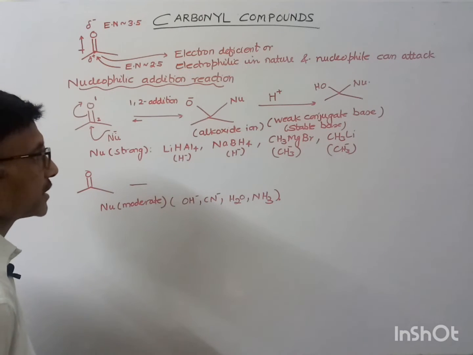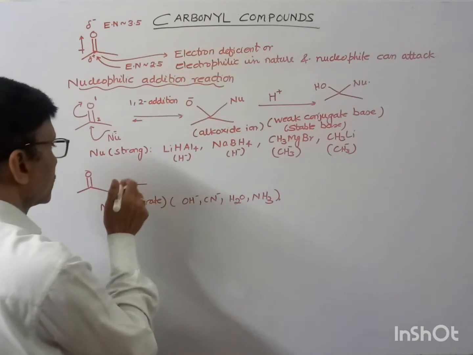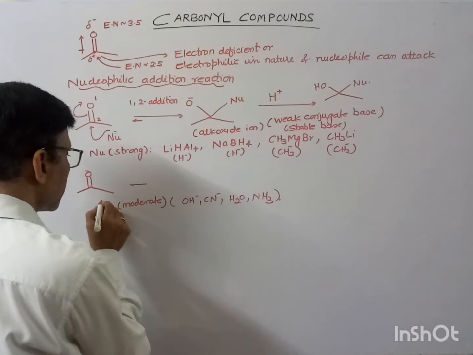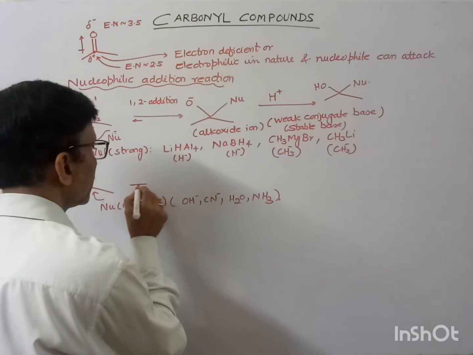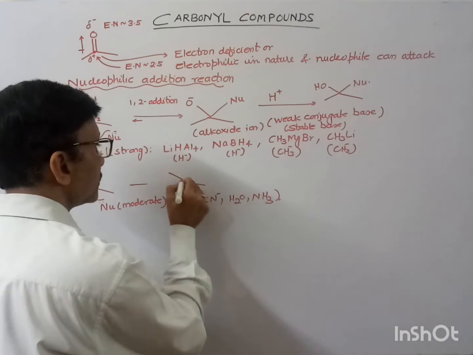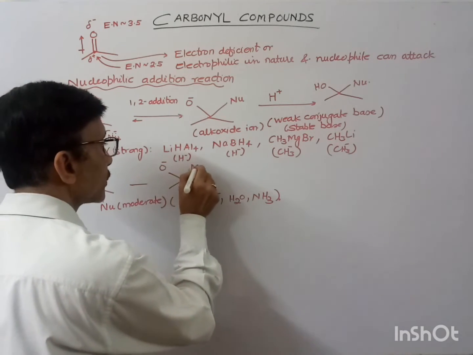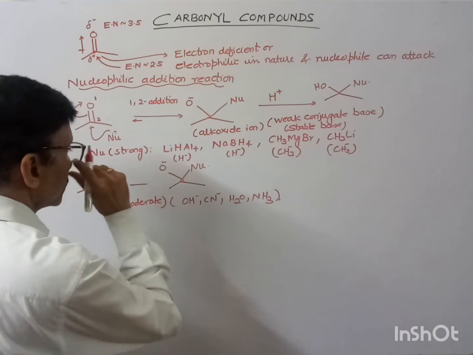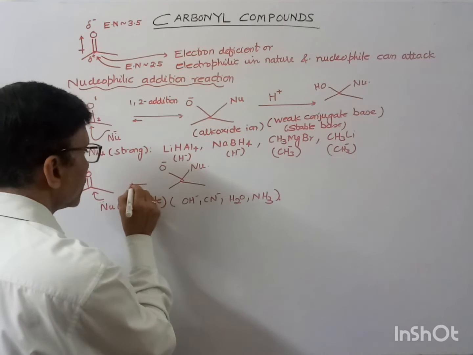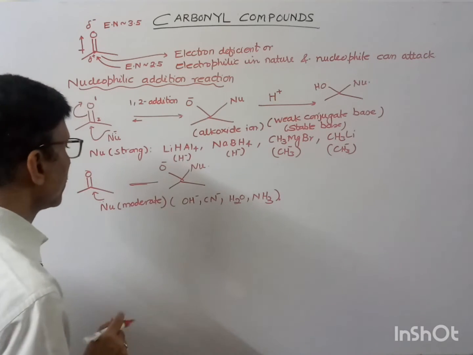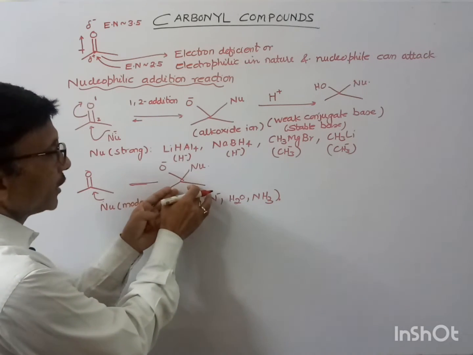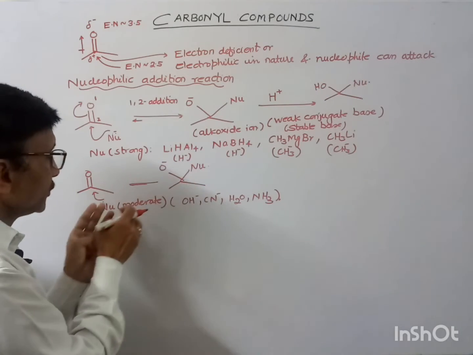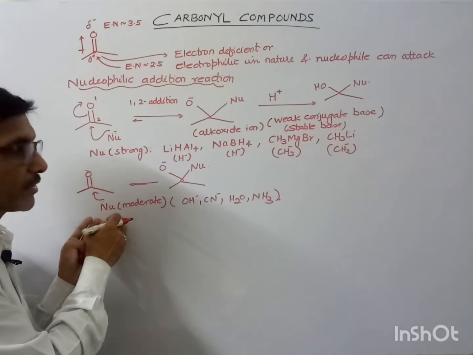Then in this example, the nucleophile attacks over here again, and a similar product would be formed. But in this case, for the backward reaction and the forward reaction, because this is a moderate nucleophile, the strength of the conjugate base formed over here and the nucleophile is comparable.